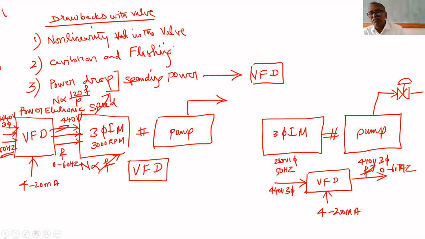The frequency varies from 0 to 60 hertz depending upon the signal 4 to 20 milliamps. That's why we are varying the flow rate just by varying 4 to 20 milliamps. That is about VFD.